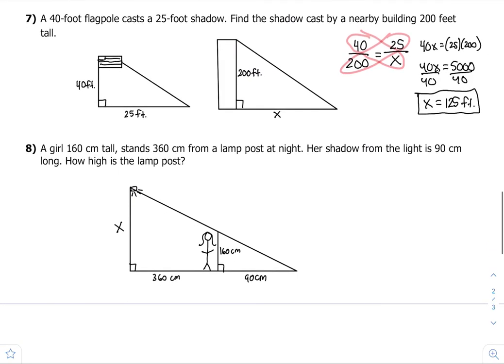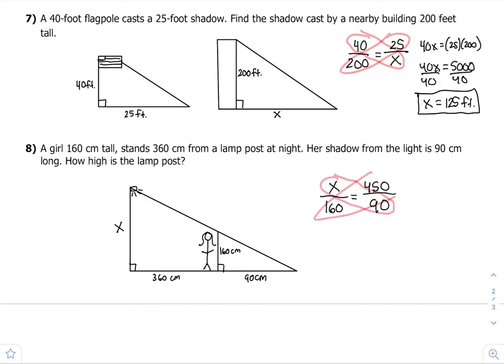So, I'm gonna do the height of the lamppost over the height of the girl. Now here is the trickier part. What is the shadow of the lamppost? The shadow of the lamppost, you guys, is not only 360, but it also includes the shadow of the girl, which is 90. So 360 plus 90, you guys, is 450 over the shadow of the girl, which is 90.